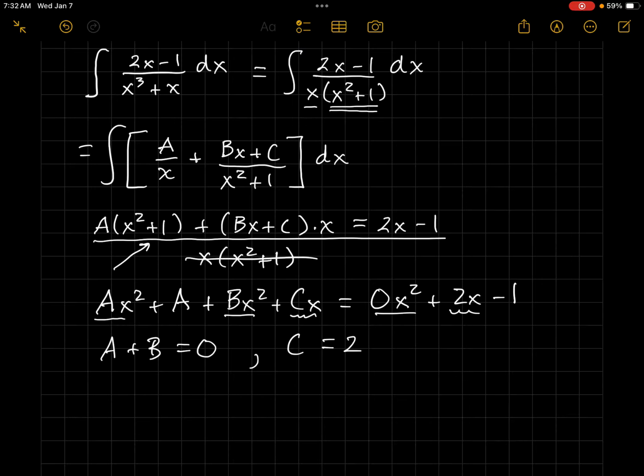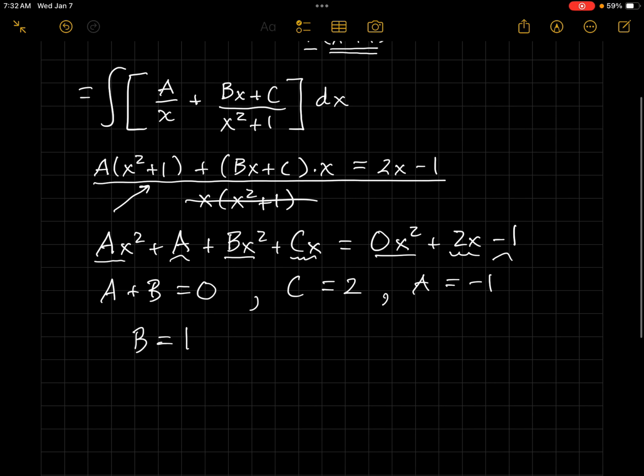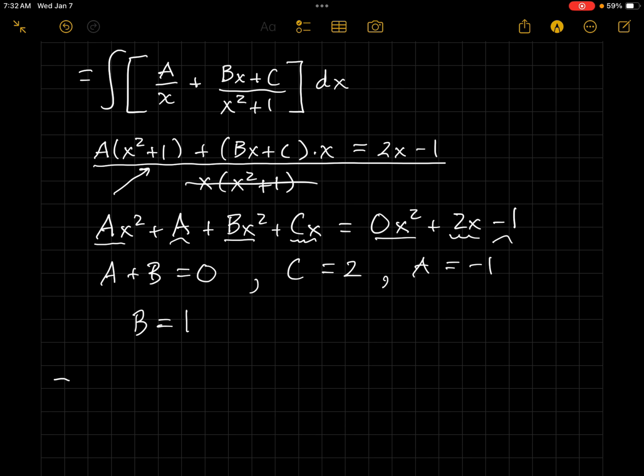Then I'll look at my constant term on each side, which gives me a equals -1. And once I know that a equals -1, I know that b equals +1. So I can plug these values back into my integral.